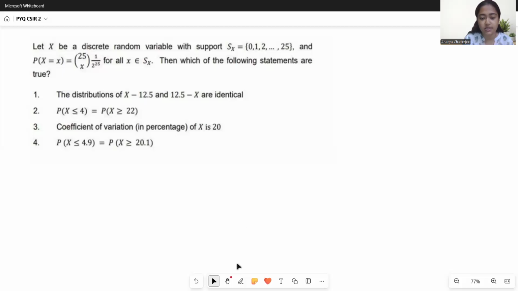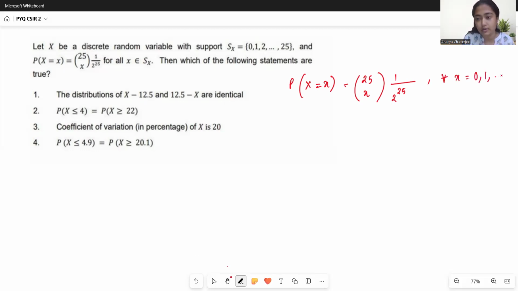At first, what is given is that probability X equals x is 25 choose x into 1 by 2 to the power 25 for all x from 0, 1 up to 25.